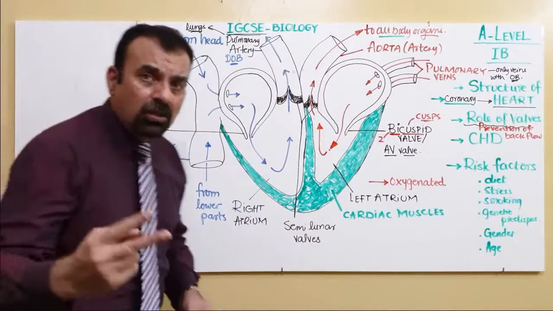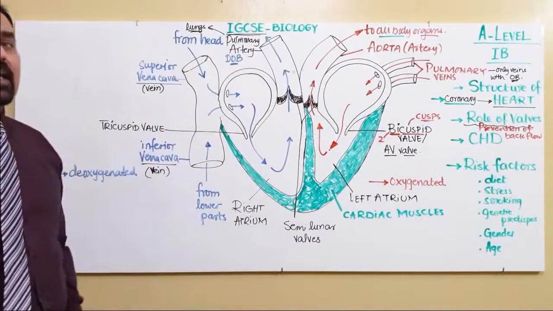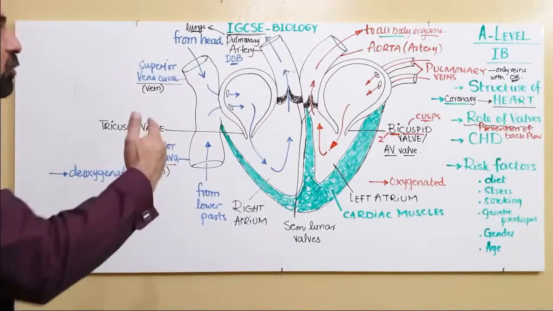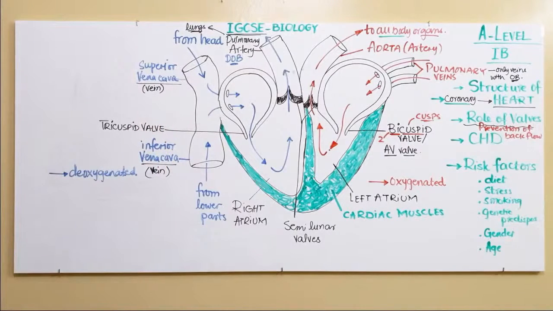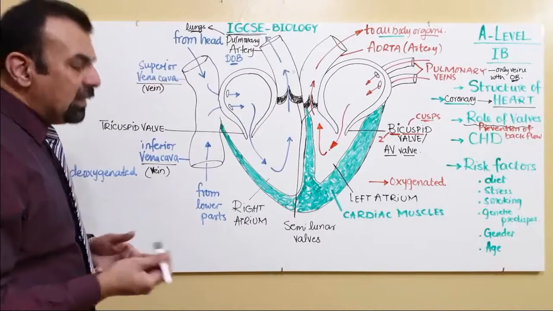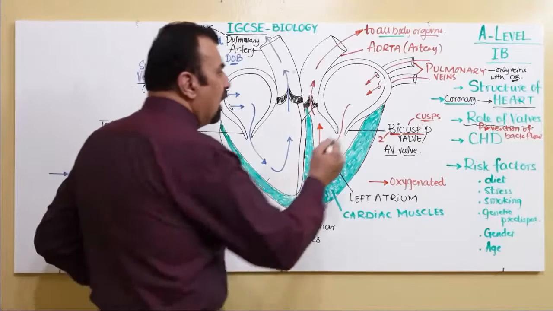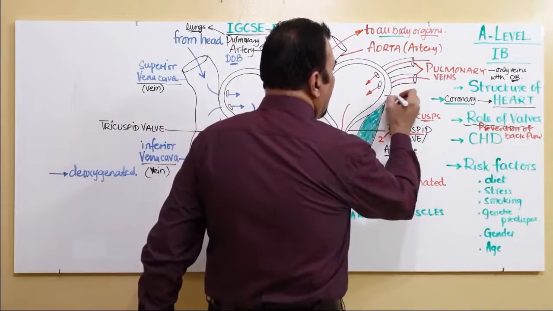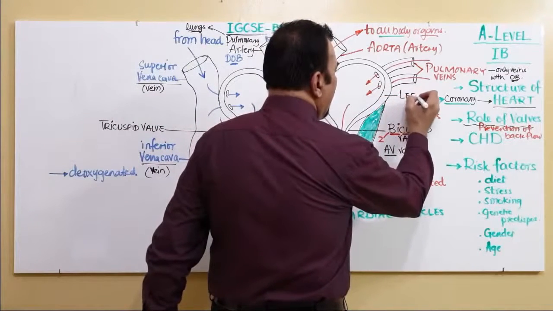Two parts are not labeled yet. Look at the diagram and tell me which two parts are missing. I mean, they're not labeled yet. Yes, you spotted them well. This is the left atrium.